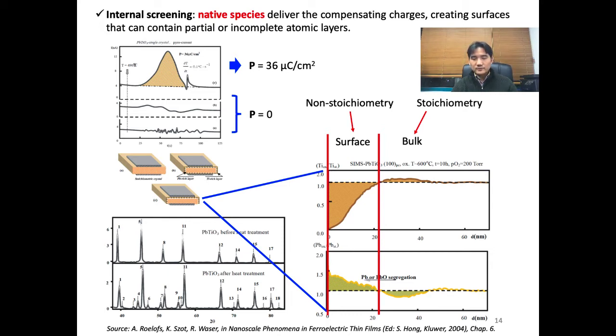So in comparison to bulk, the surface layer is non-stoichiometric, and that is pronounced by the ratio of the lead oxide on top of it, and is also confirmed by the X-ray diffraction pattern peaks that you see on the lower side.